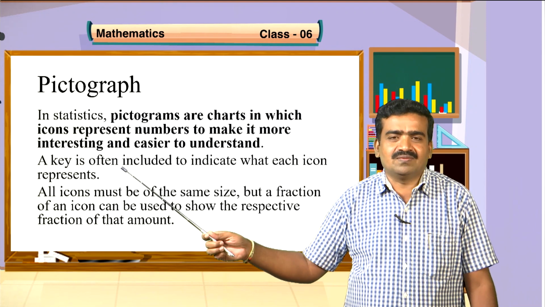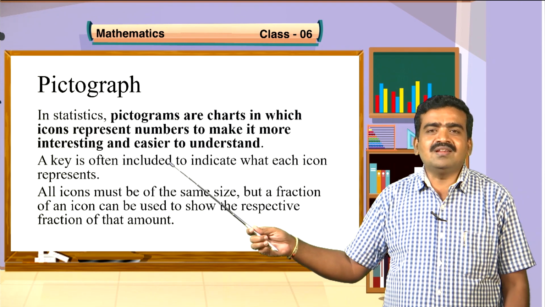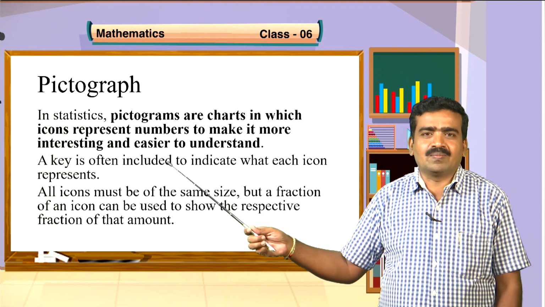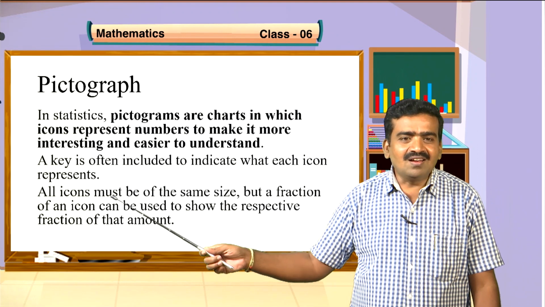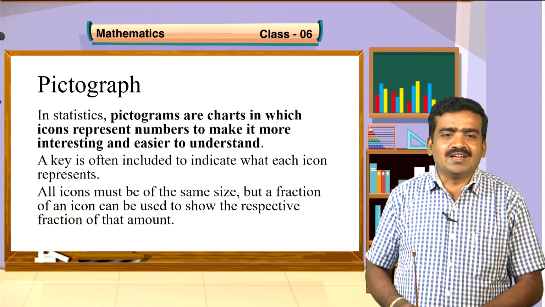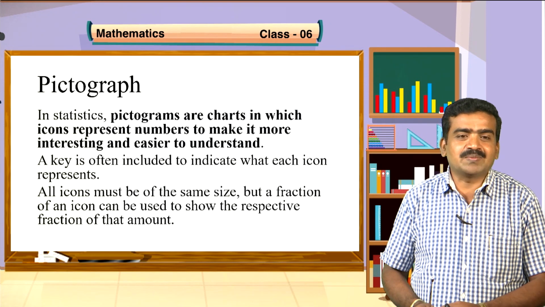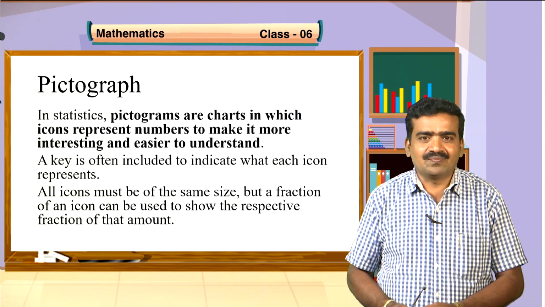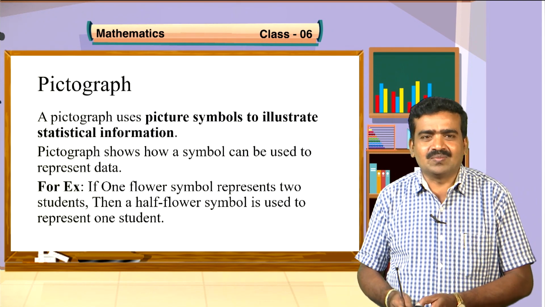That means if one flower or one book or any object gives some number, all icons must be of the same size, but a fraction of an icon can be used to show the respective fractions of the amount. To understand more about this, let us go with an example.